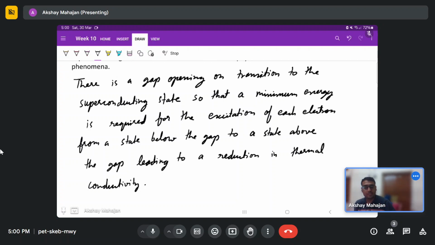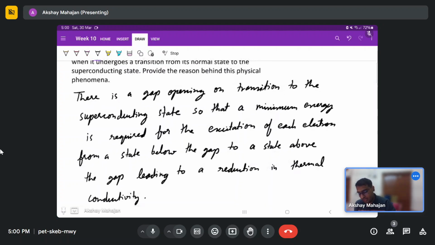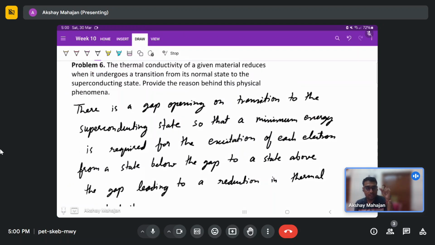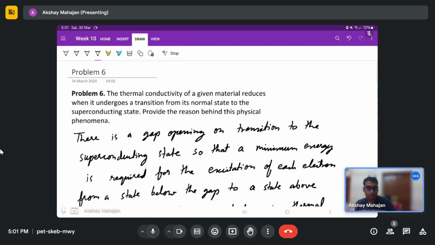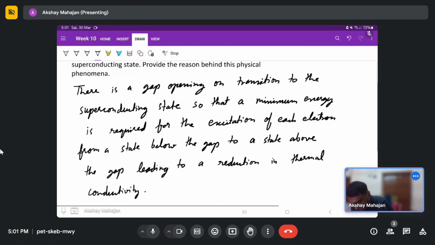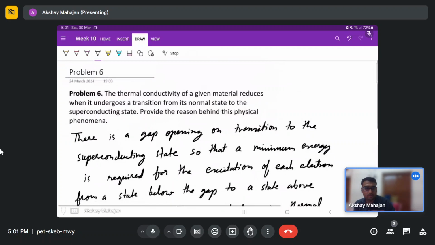But because of the gap opening, a minimum energy is required to excite each of the electrons from below the gap to above the gap, because of which there is a reduction in our thermal conductivity. Alright, this was not a numerical problem, it was just a theoretical problem, you can say.